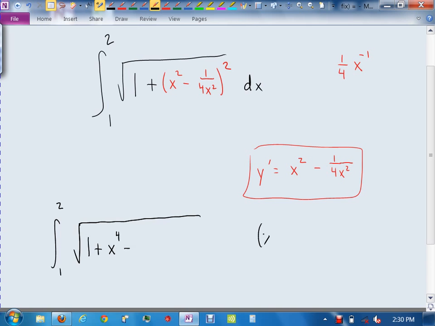X to the 4th, what do you get on the next one? Oh wait, that's over x squared. Yeah, the x squareds are going to cancel out. So you'll get minus 1/4, minus 1/4 again.